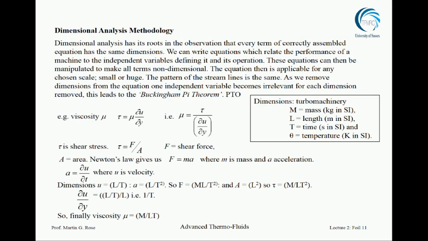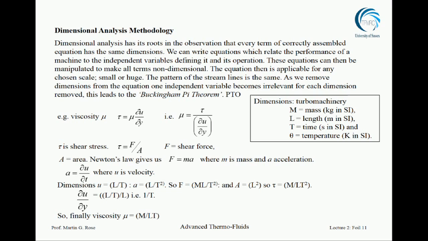Okay, we've got to talk about methodology. The whole thing is based on one very fundamental and very clever observation, which you may already be aware of. If you're not aware of it, it's worth knowing because it will help you.